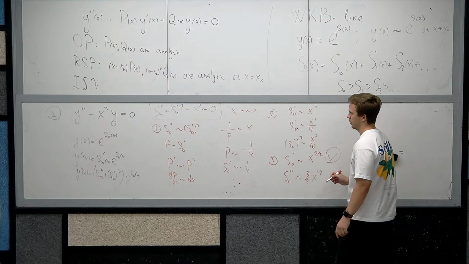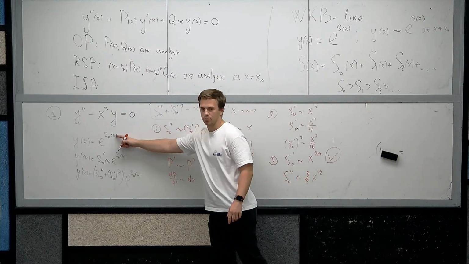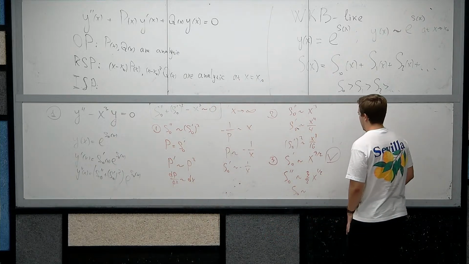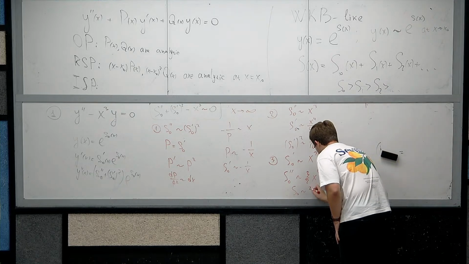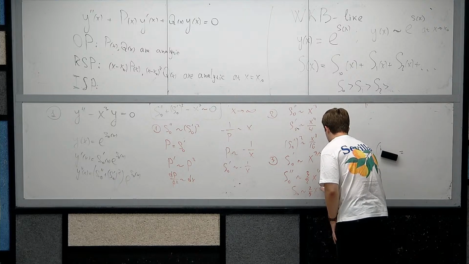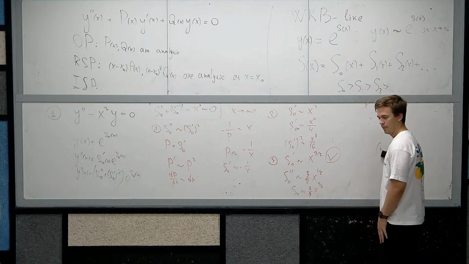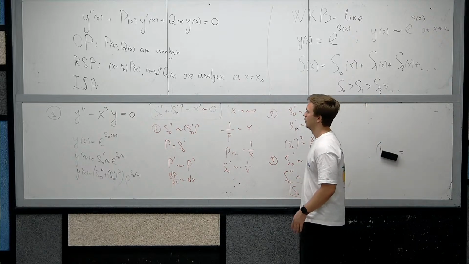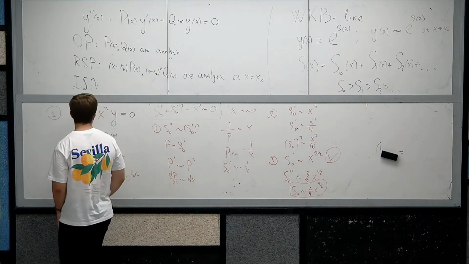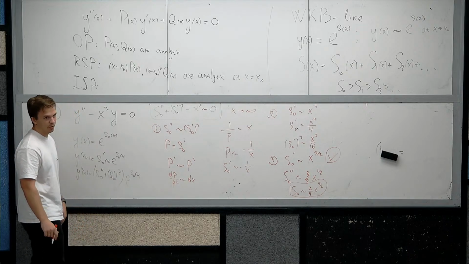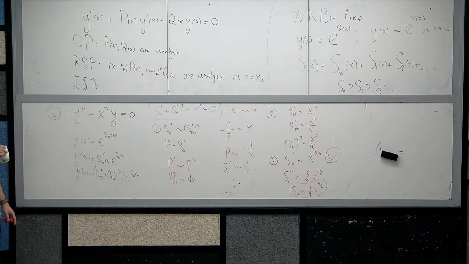Okay, then we know S naught prime. We need to calculate the solution for this, which is called the control factor, as you know. So the control factor S naught is 2/5 x to the 5/2. Okay, so I just integrated both sides. Now we know the control factor. Is it enough? No. Why? We have to go to the next order to see that it doesn't explode to infinity.